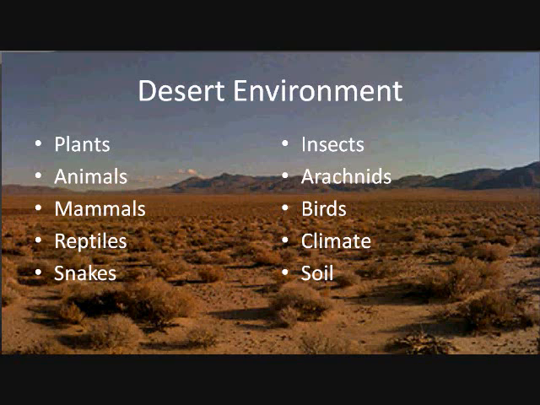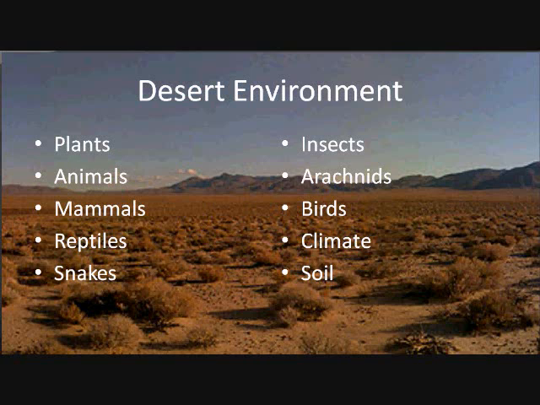For example, I live in a desert environment, so some of the things I might include in the PowerPoint production that you're going to make will be listed later in this video. Some considerations in your environment could involve plants or animals, which would include different types of mammals, or perhaps not, depending where you live.